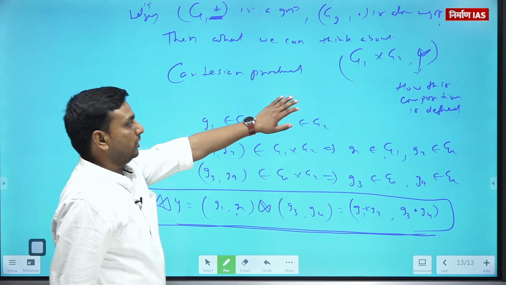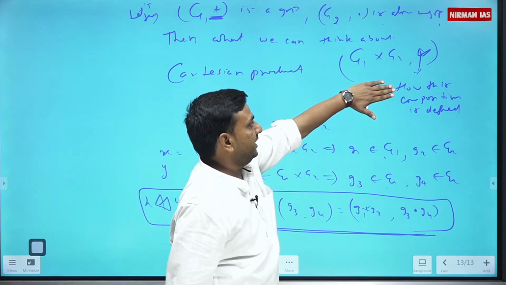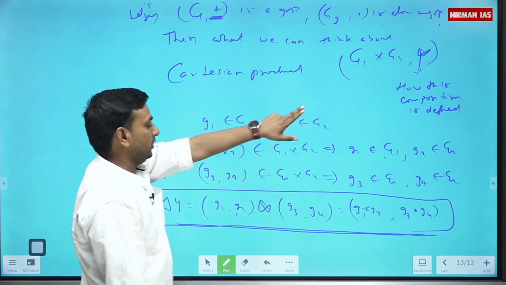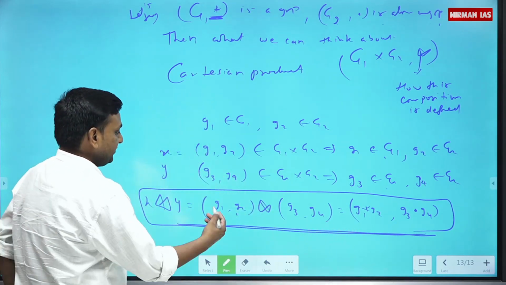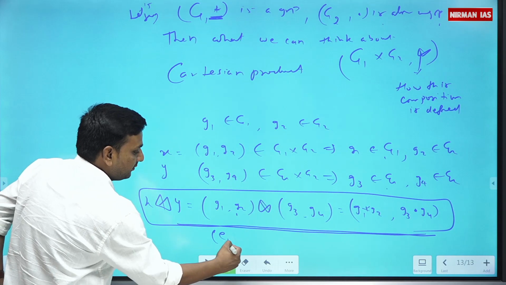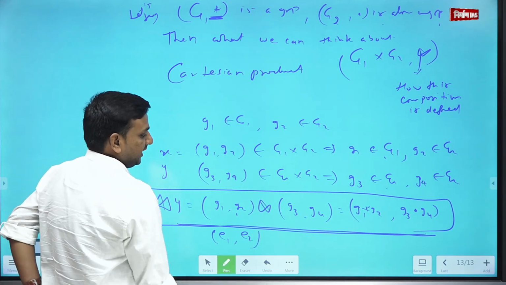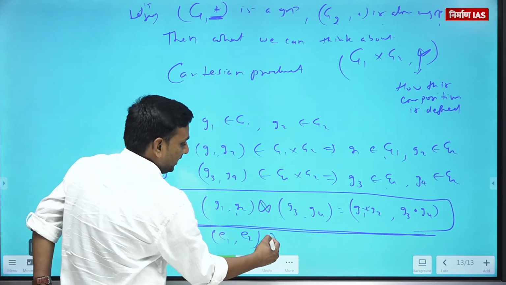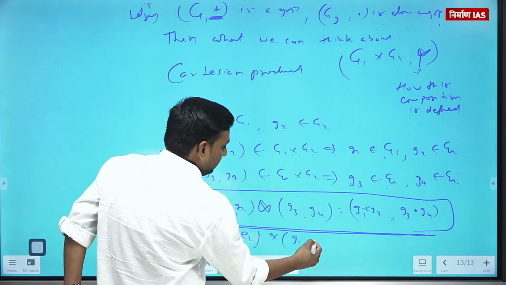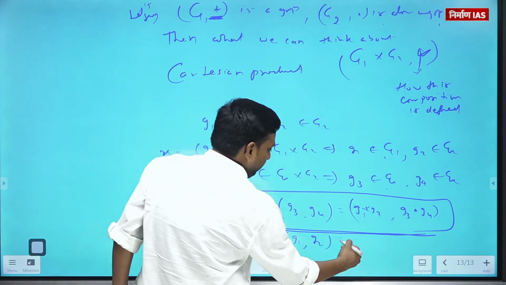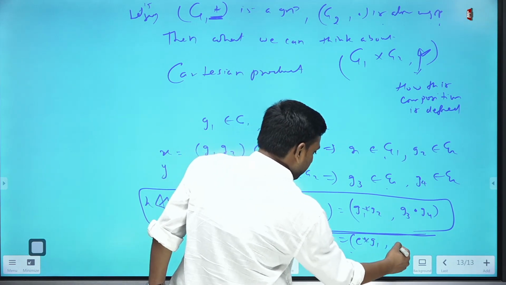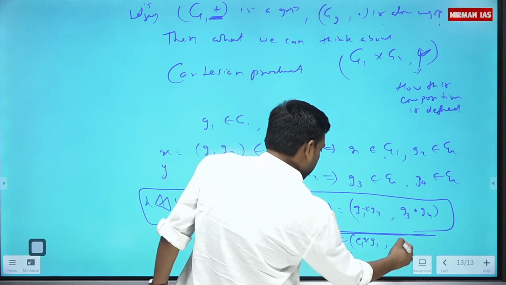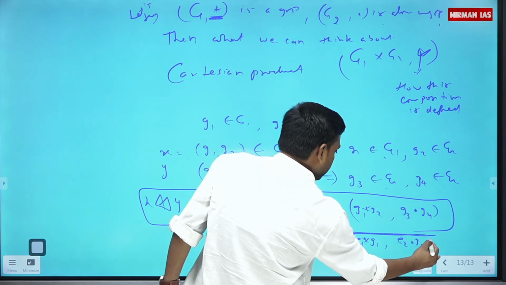When I talk about an algebraic structure like this, how the composition is defined matters. So let's say I take the identity element of capital G1 and the identity element of capital G2, and I have something here (g1, g2). What will it be? E1 composition g1, E2 composition g2.